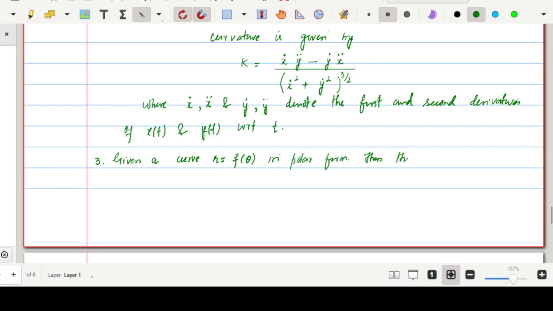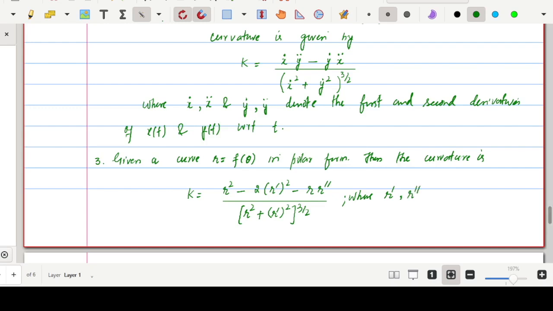Then the curvature kappa is equal to (r square minus twice r dash whole square, then minus r into r double dash) whole divided by (r square plus r dash square) whole power 3 divided by 2, while r dash and r double dash denote the derivatives of r, in fact with respect to theta.